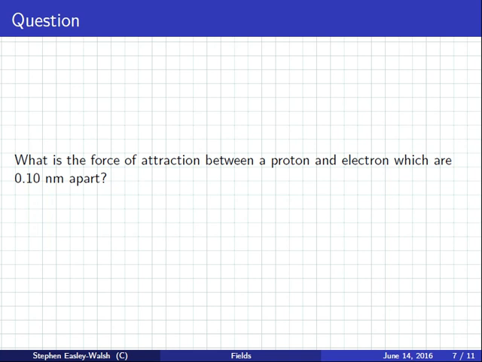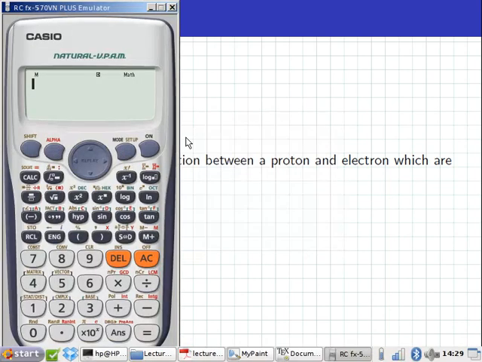We got answers? Let's have a look. 8.99 times 10 to the power of 9, times E times E, over 0.1 times 10 to the power of minus 9.